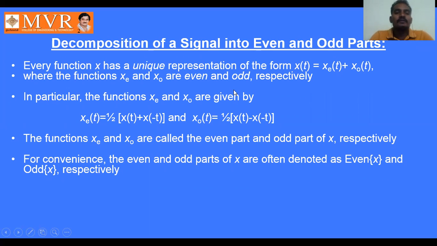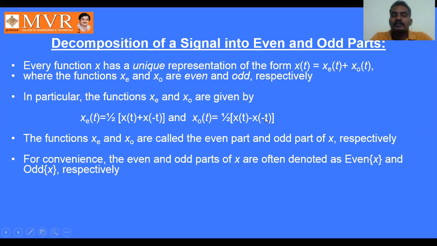In particular, the functions xe and xo are given by xe of t equal to half of x of t plus x of minus t. Here x of t is the original signal. X of minus t is nothing but its mirror image, or reflected function. And xo of t is equal to half of x of t minus x of minus t.